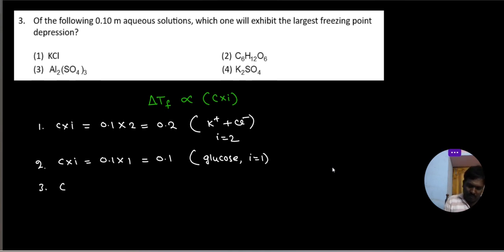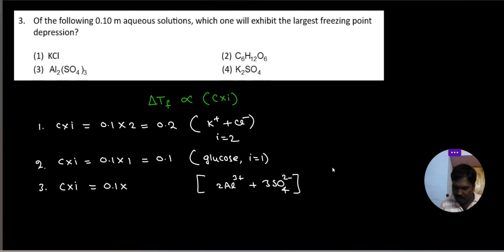Now coming to third one, C into I, 0.1 molar, that is fixed. Aluminum sulfate, Al2(SO4)3. How is it dissociated? 2Al3+ and 3SO4 2-. Now how many ions? 5 ions, so 0.5.